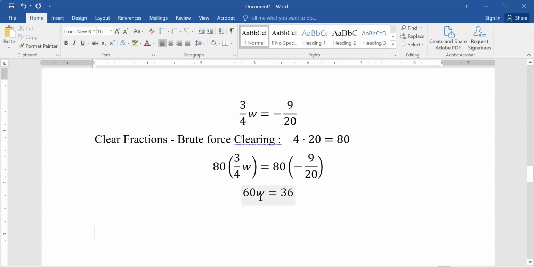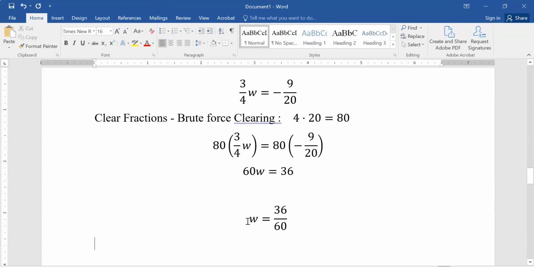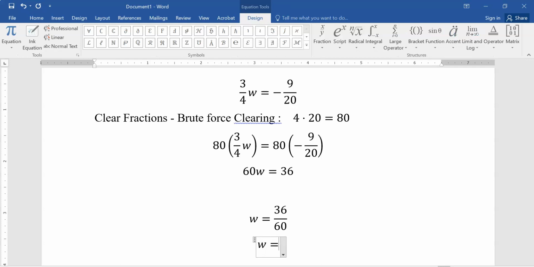I know what to do there. All I have to do is divide both sides by 60. W is going to be whatever I get when I take 36 divided by 60. If you punch that into your calculator, you get a decimal of 0.6, but as a fraction that is 3/5.